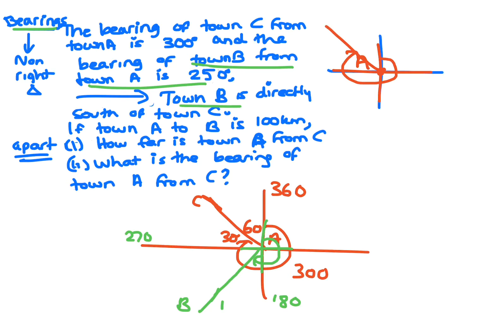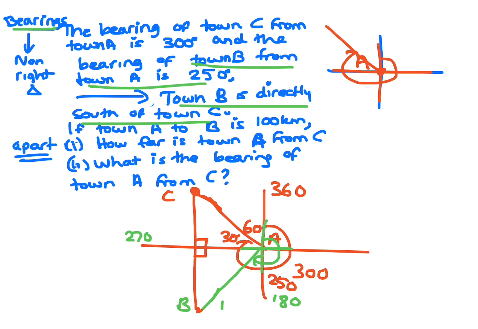Now it says town B is directly south of C. If that's C there and you look straight down to B, that would be a perpendicular line just there. Now we said this one here was 250.